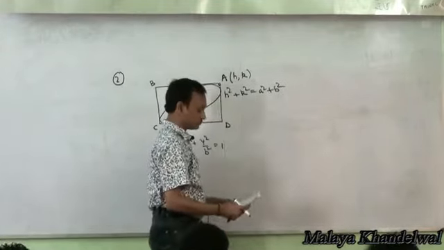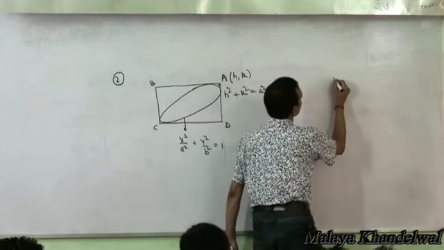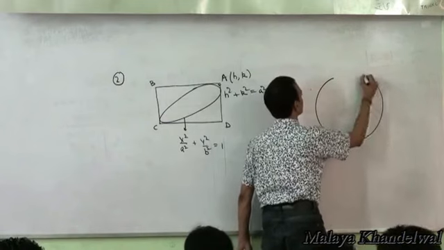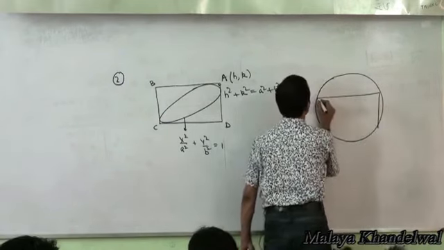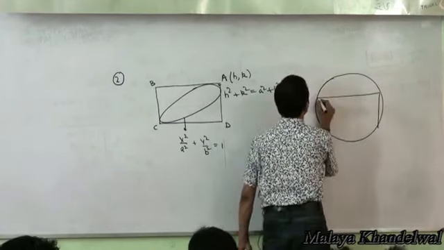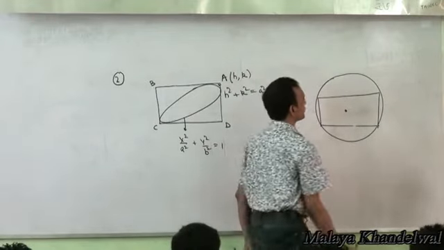Now, this is the director circle. It shares a common center with the ellipse, right? The center of the ellipse is (0, 0). The center of the director circle is (0, 0) and has radius root a squared plus b squared.